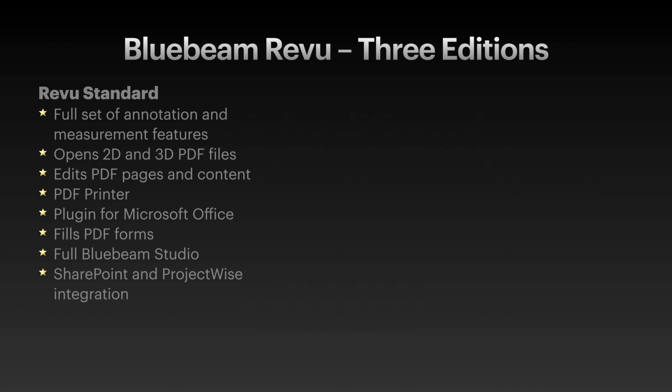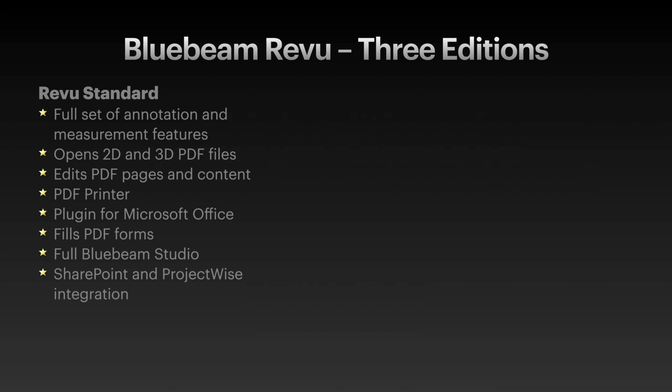Revu Standard can open and work with 2D and 3D PDF files. You also get page and page content editing features that look slightly familiar if you've ever worked with other PDF software before. You have a PDF printer, you get a plugin for Microsoft Office.